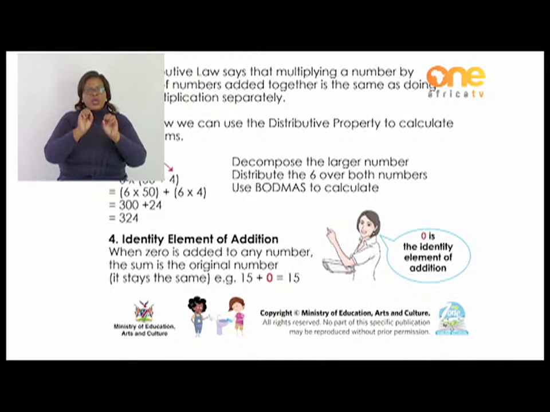If you are to expand 54, expanding, I've done this video or presentation for expanding. So to expand 54, you can say 50 plus 4, and that has to be inside the brackets. And then we have to distribute 6 to 50 and 6 to 4. And you have to go on until you get the answer.